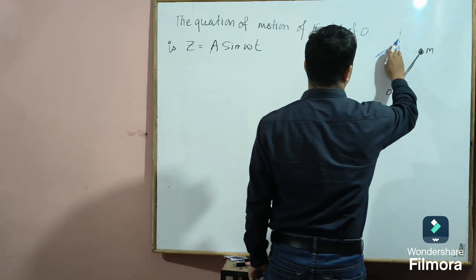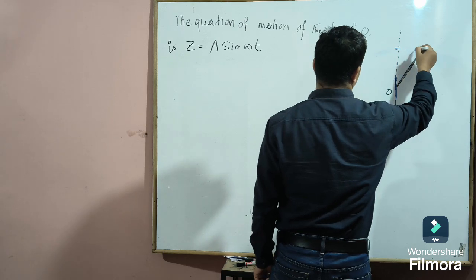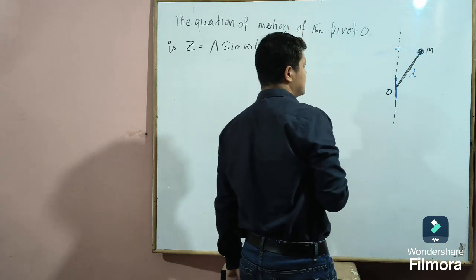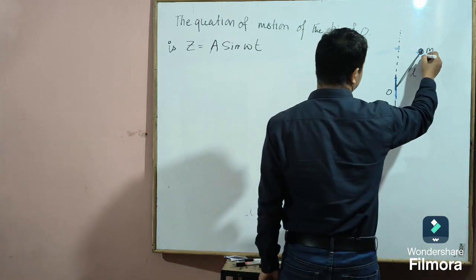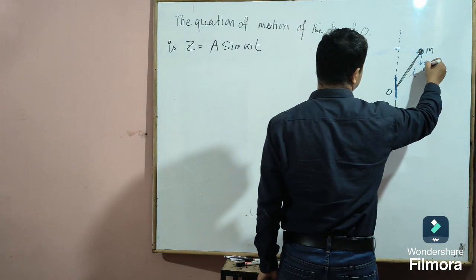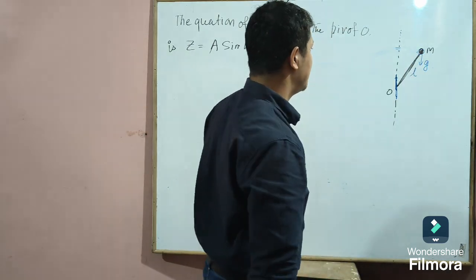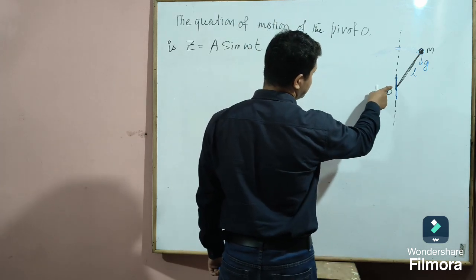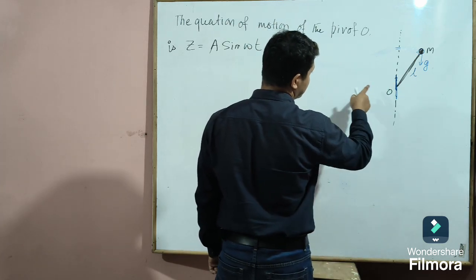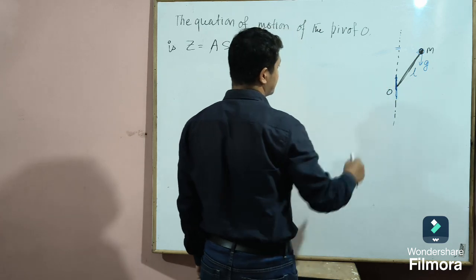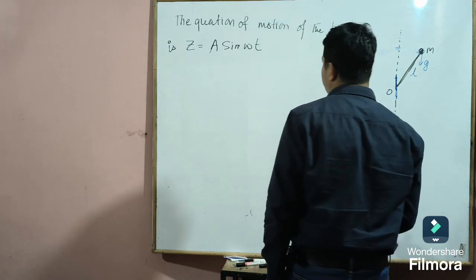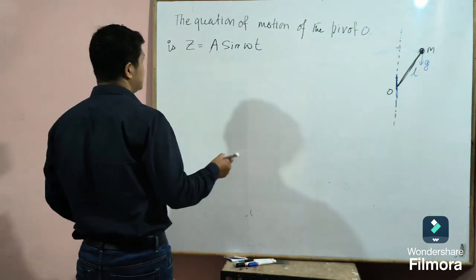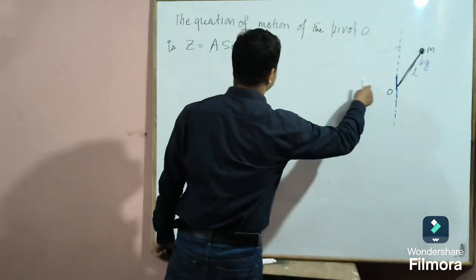Now you see here, the length of this rod is L, and here we have acceleration due to gravity g, which is downward, and one more acceleration will be there, that is due to the vertical motion of this point, as its motion is sinusoidal.